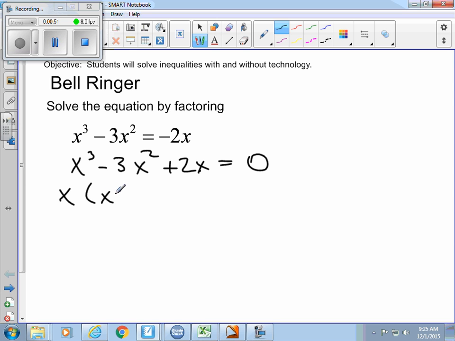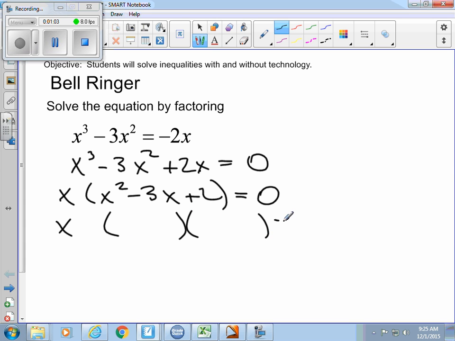That is the only way I can solve by factoring, right? Had a greatest common factor of x. So we have x and x, 2 and 1. So x is 0.